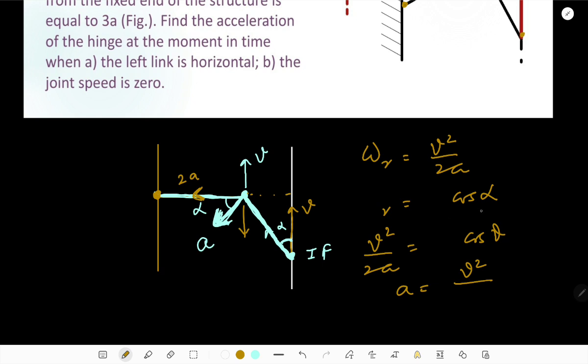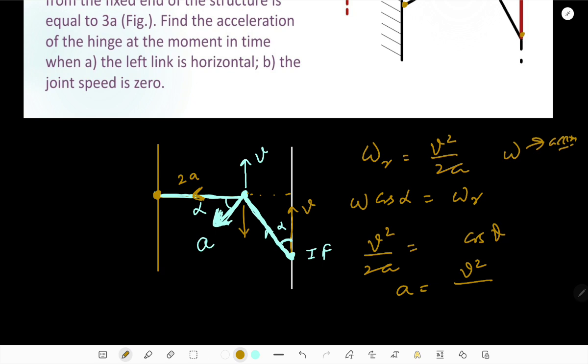Forget it. Oh, I should have written that W cos alpha is equal to v square by 2a. W is for acceleration, because A is reserved for something else, so W is the acceleration here.